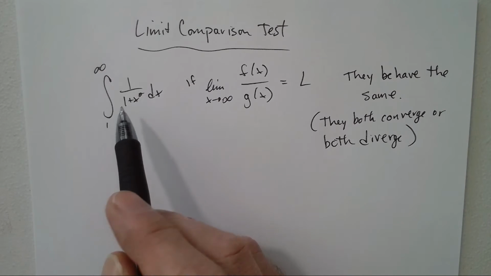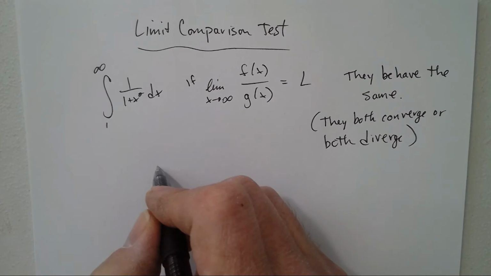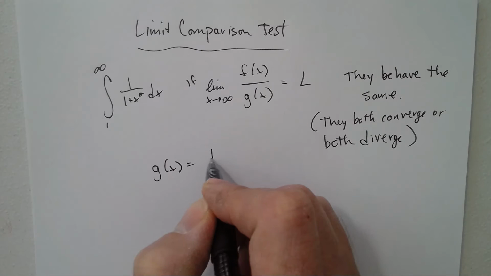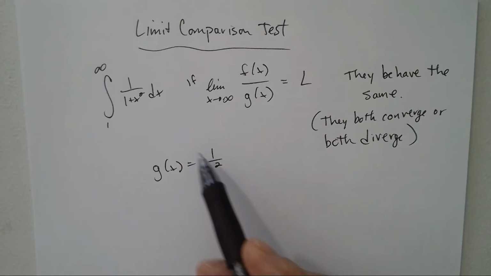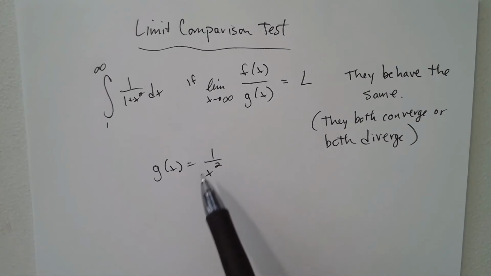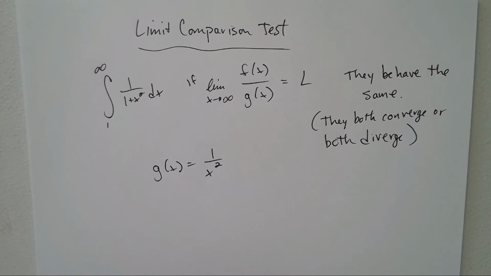So it really behaves the same as 1 over x squared. Okay, so these two are pretty darn close to each other. They basically become the same thing as x goes to infinity. So I'm going to choose that as my g of x.